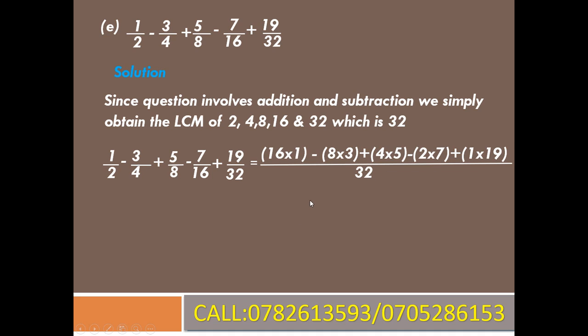32, let me repeat the steps. The LCM is 32. So 32 divided by 2, 16 times 1. You write it here. Keep the sign minus. 32 divided by 4, that gives us 8 times 3, which is here, but with this sign kept, plus.